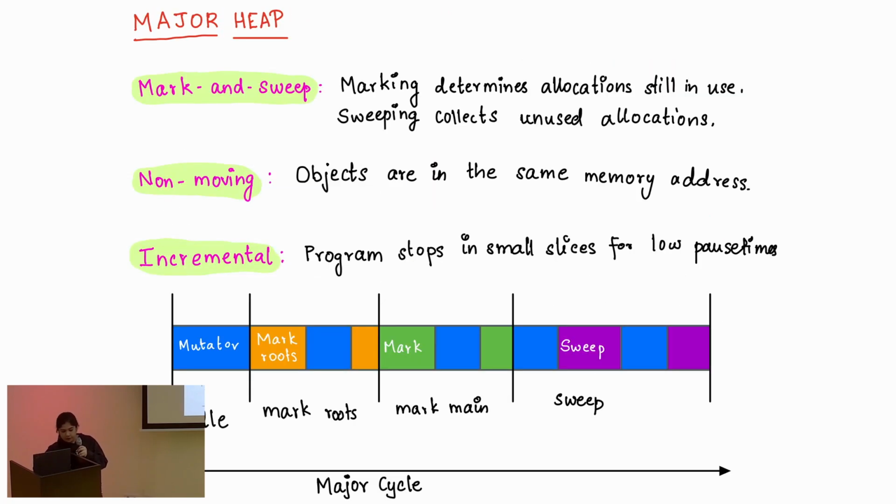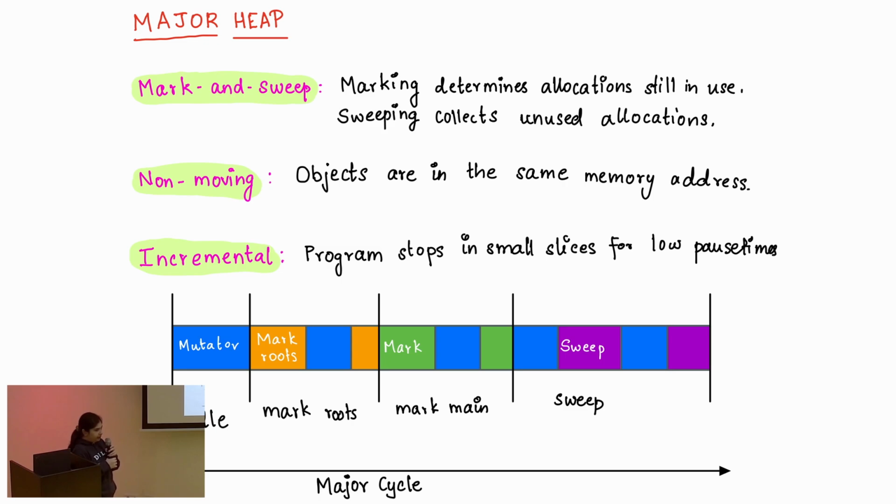Okay, now moving on to the major heap. The major heap follows what is known as mark and sweep collection. Marking determines all the objects that are still alive, and sweeping clears out garbage. Let's just keep that in mind. It is non-moving, meaning we don't move the memory locations of the objects while we are doing the major collection.